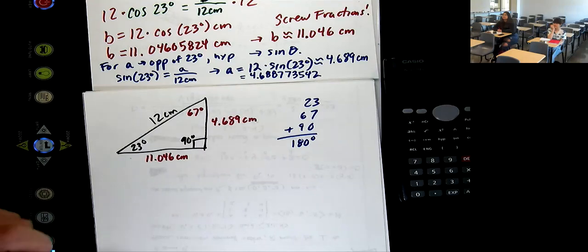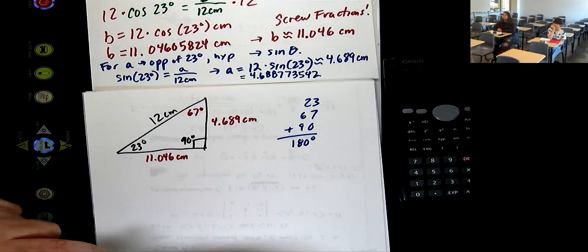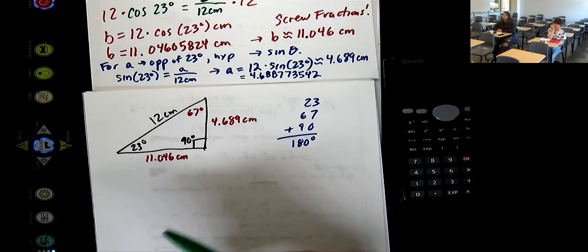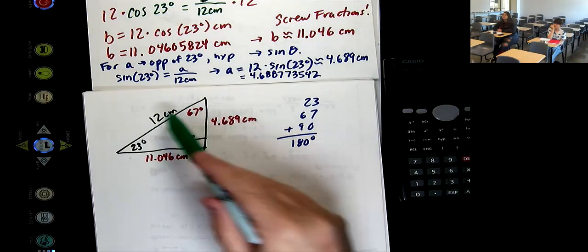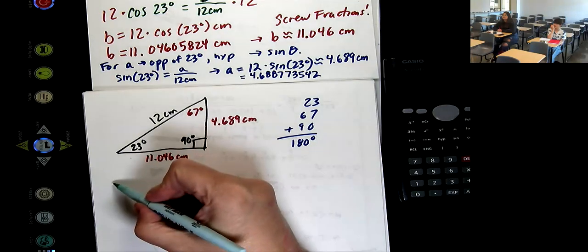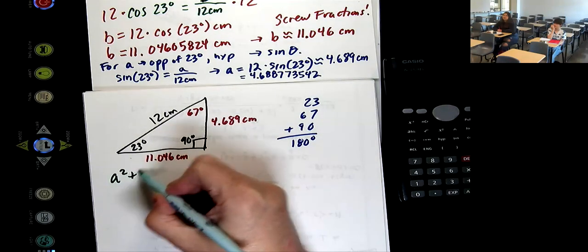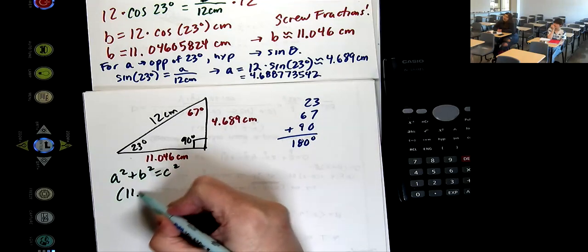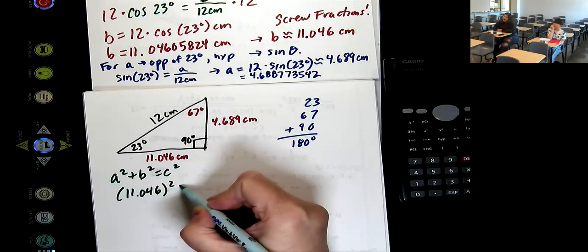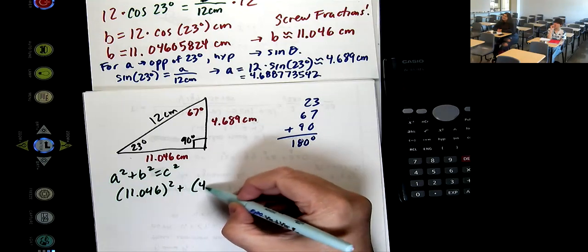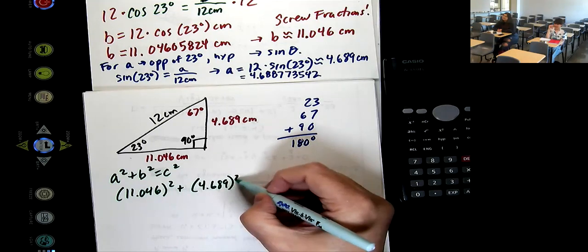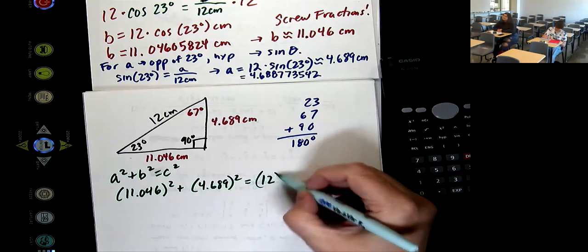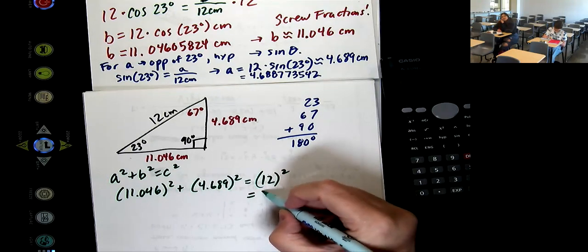And presumably, if I did not round, a squared plus b squared equals c squared, our Pythagorean formula from Monday. 11.046 squared plus 4.689 squared should equal 12 squared. I know this side is 144.